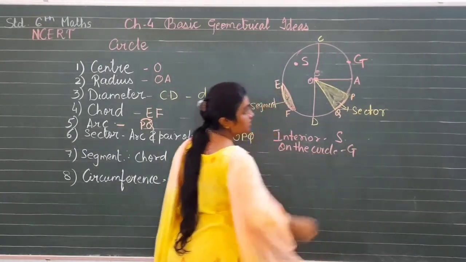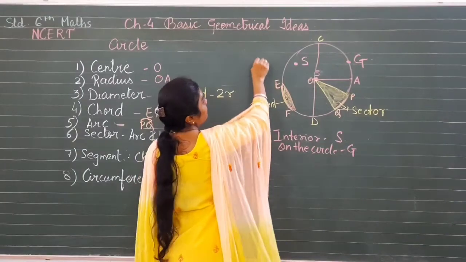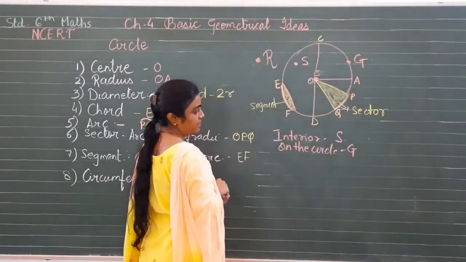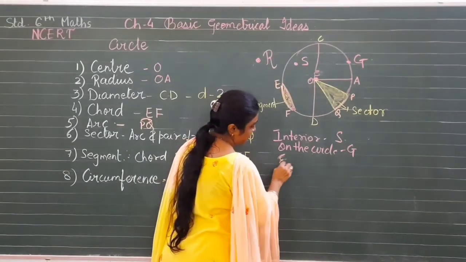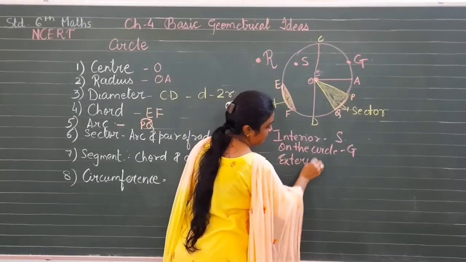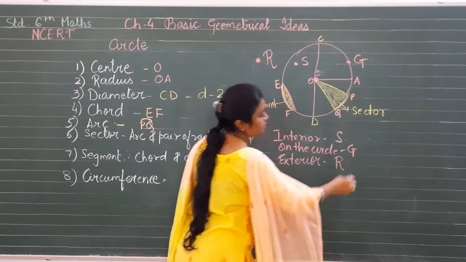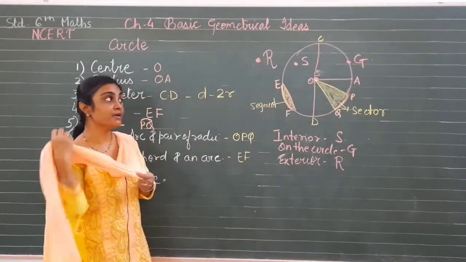And R is outside, that is, we can say exterior. So point R is in the exterior of the circle.